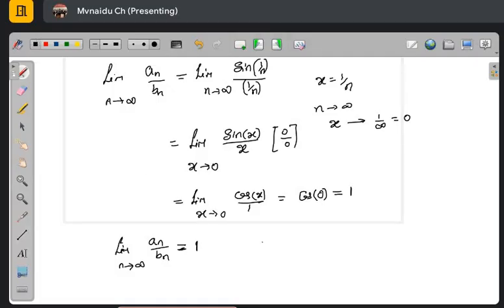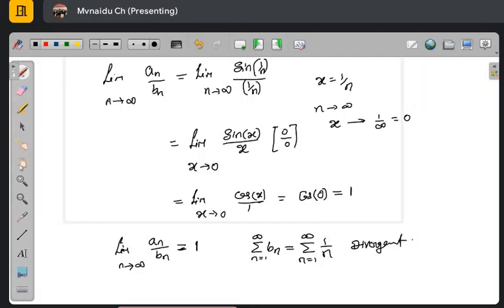So first, let me think about summation bn. What is it that we have taken? That is summation 1 over n. That's the bn we have taken, right? And what do you know about this summation? Can someone tell me? Yeah, that's divergent. Correct. This is divergent because we have seen it in the P series test.